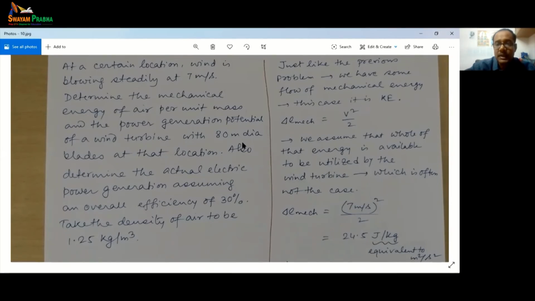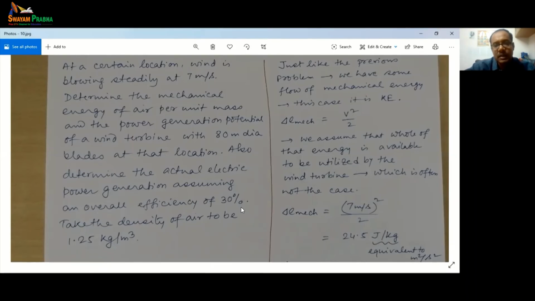If you have seen these windmills, they are usually huge. Okay, they are as tall and as big. So you can get the idea of this largeness. This is 80-meter dia blades at that location. Also determine the actual electric power generation assuming an overall efficiency of 30%.